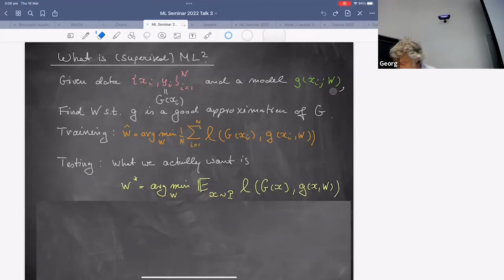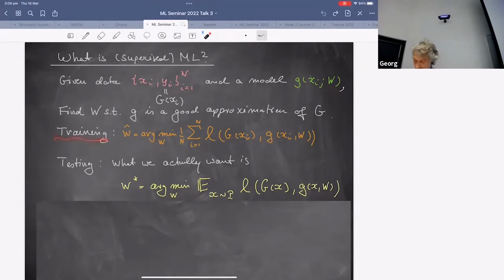Then we make up a model, this could be a linear model or any kind of model, to approximate this function capital G, the truth. There are some parameters that we want to determine. So that's our goal: find those W's such that our model g is a good approximation to the truth, capital G. And how do we do that?